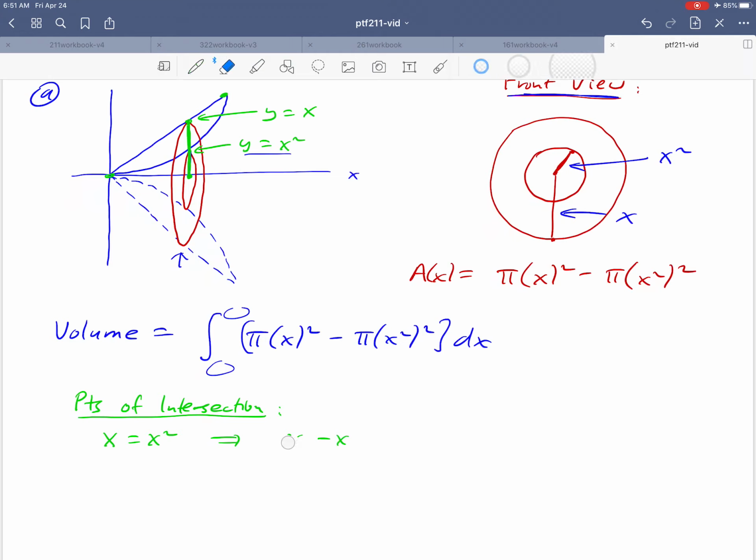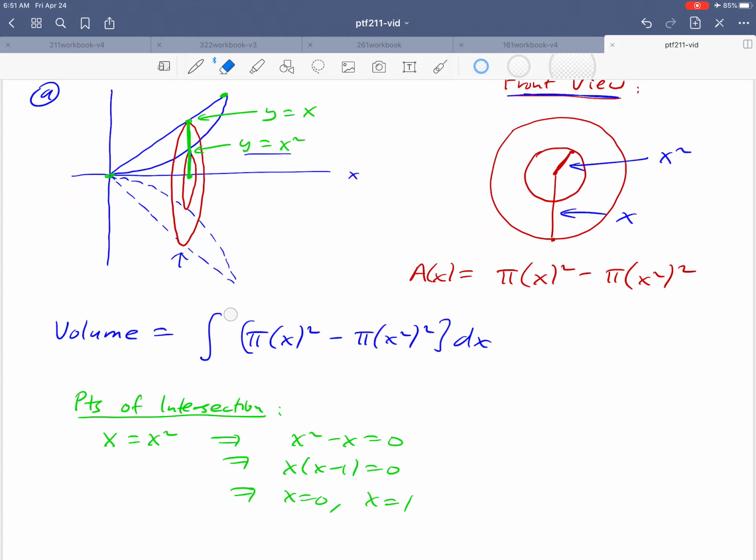If we just subtract the x from both sides, notice that we can factor an x out of there. And what we wind up with is either x equals 0 or x equals 1. And so we have just discovered that our limits of integration must be 0 to 1.